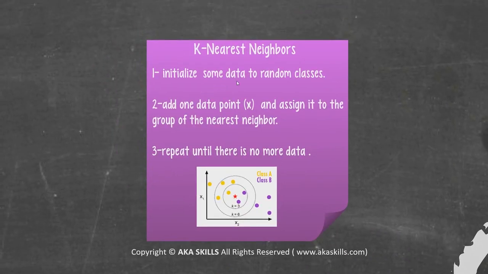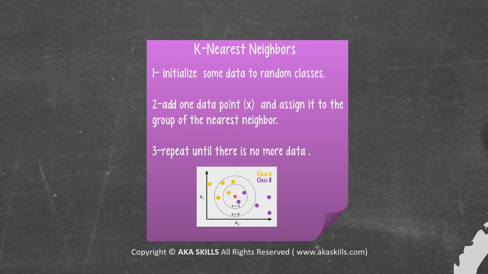Next, the K nearest neighbors algorithm. This is another algorithm. It's similar to the previous one, but actually I think KNN is easier. But KNN is sometimes considered not unsupervised learning, but semi-supervised learning, because at the beginning you need to know the class of some data points.